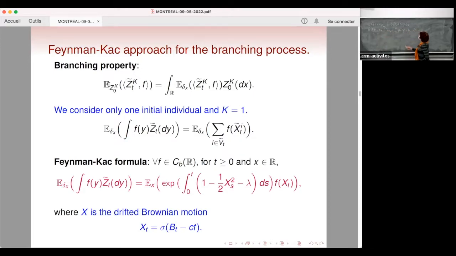And here for this expression, we have some semi-martingale property exactly as I explained for the initial process Zk. And one can prove that mu t is a weak solution of a certain equation. And here you can use Ito's formula to also prove that mu t is a solution of a certain equation.